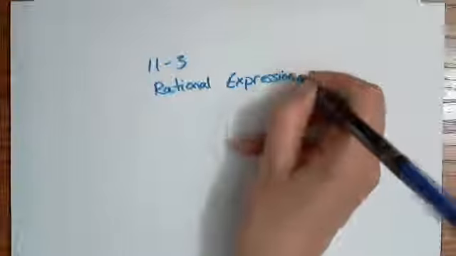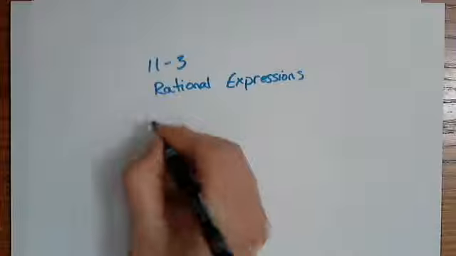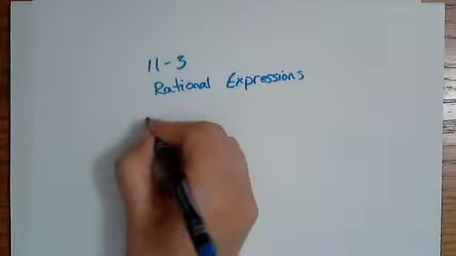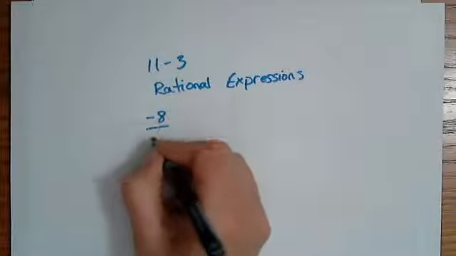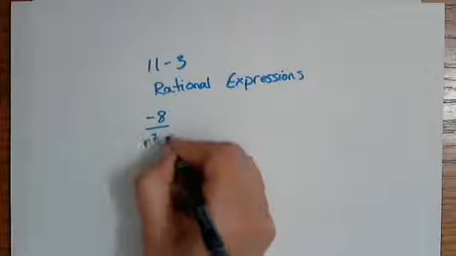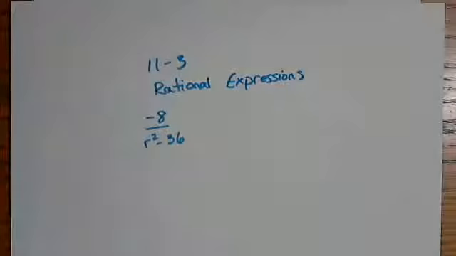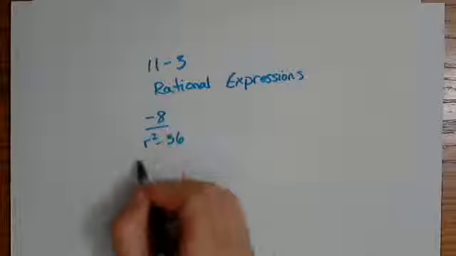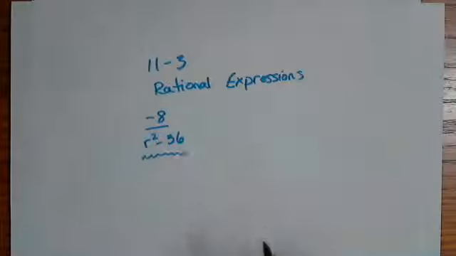So rational expressions, excluded values. If we're looking at an example, like example 1, where we have negative 8 over r squared minus 36, you'll remember that our excluded values are going to be anywhere where the denominator is equal to 0.